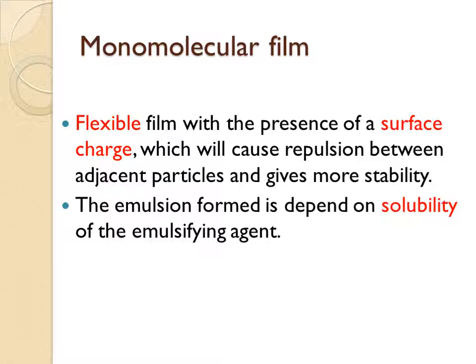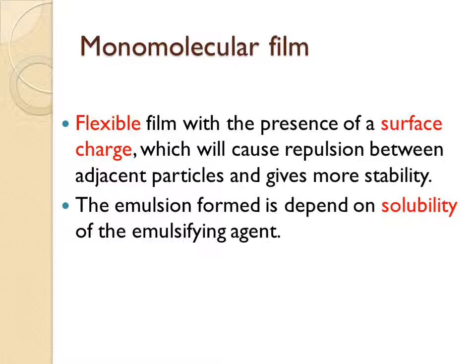Emulsion form depends on the solubility of the emulsifying agent, which we already discussed. The solubility of the emulsifying agent is important. The phase in which the emulsifying agent is solubilized becomes the continuous phase. For example, with a hydrophilic surfactant, such as the Tween surfactants that we added, which is more hydrophilic, the aqueous phase becomes the continuous phase and oil is in the disperse phase.